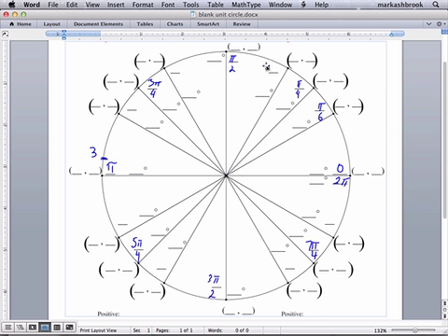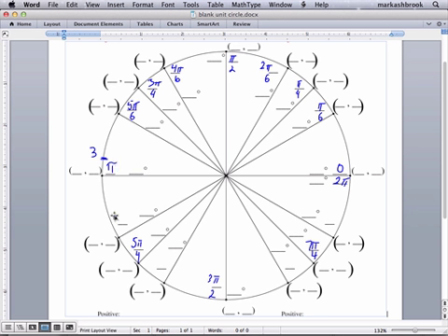We'll come back to that later. 3 pi over 6 is the top. Then 4, 5. Skip the fourths, right? 6 pi over 6. Does it make sense?